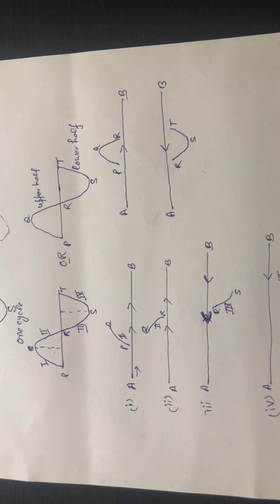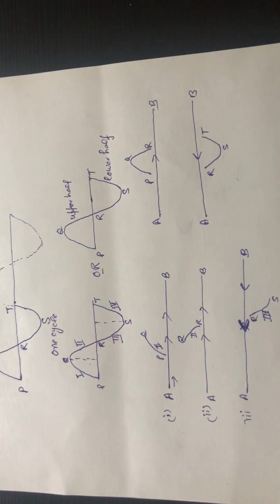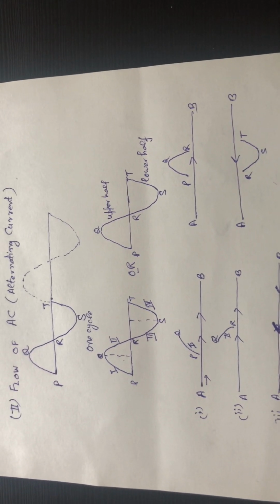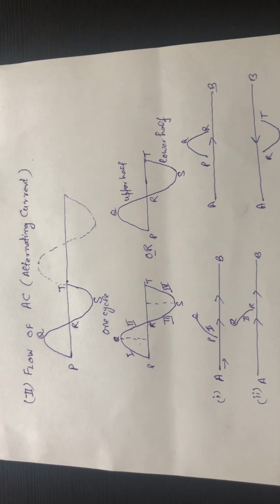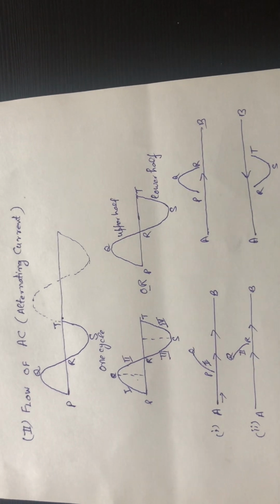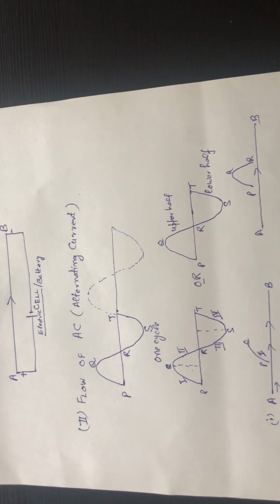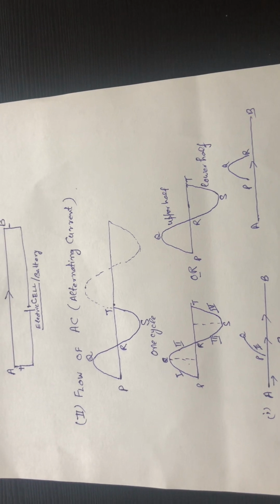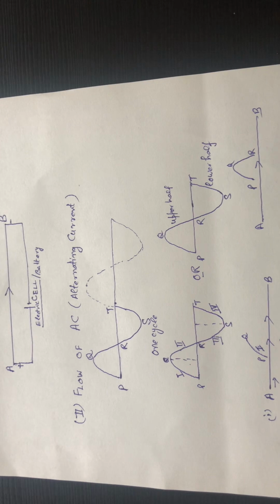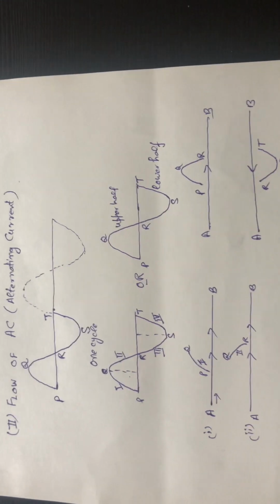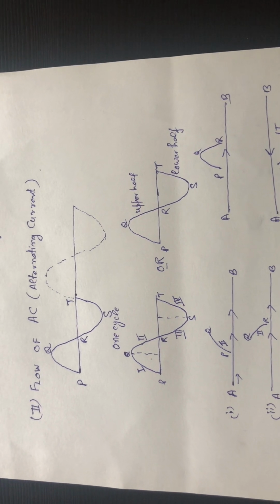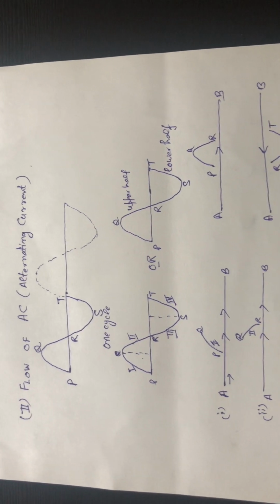Actually, the graph shown for AC flow is a sine graph. It is not in the form of this. The current goes up and down, from down to up through the wire. You can understand it again from the four parts. In the first part the current flows from A to B and it rises from 0 to maximum value, and during the second part the current again flows from A to B, but it falls from maximum value to 0 value.